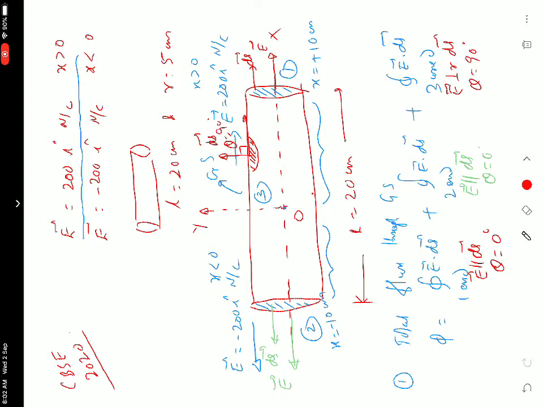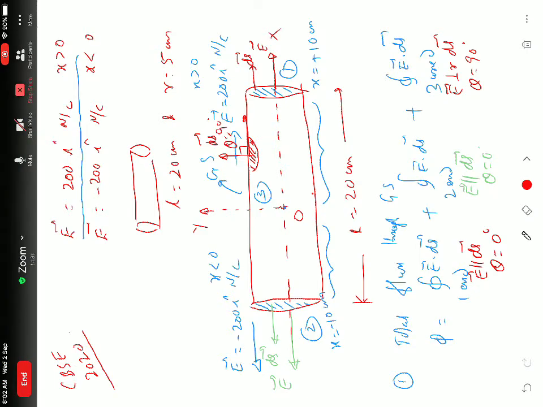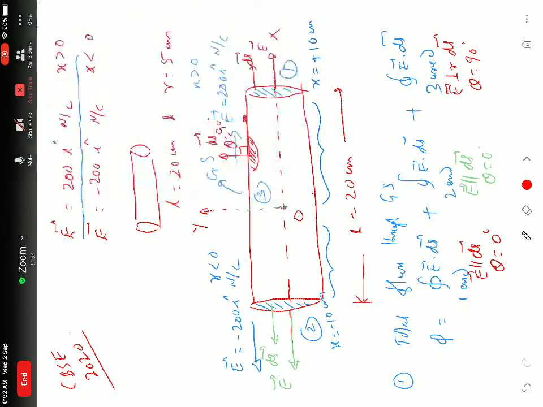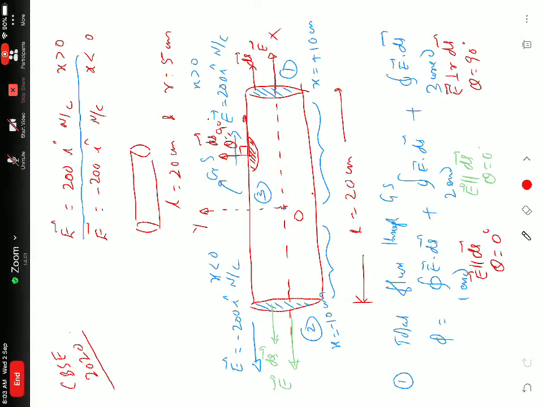So Jyoti, tell me, is there any flux through the curved surface in this numerical? No value. So there is no flux through the curved surface here. Okay, no flux through the curved surface.